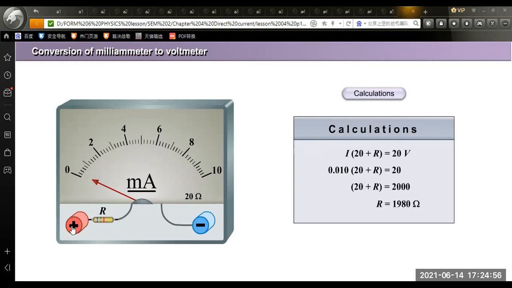The current I passes through, that will be R, the 20 ohm resistance of the ammeter plus the resistance of the shunt, equal to 20 volt. If we want to make sure 20 volt, okay. So this means that at the end, by using the formula, we get that R equals 1980 ohm.